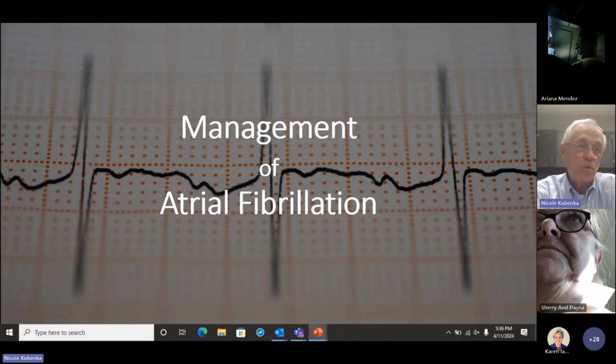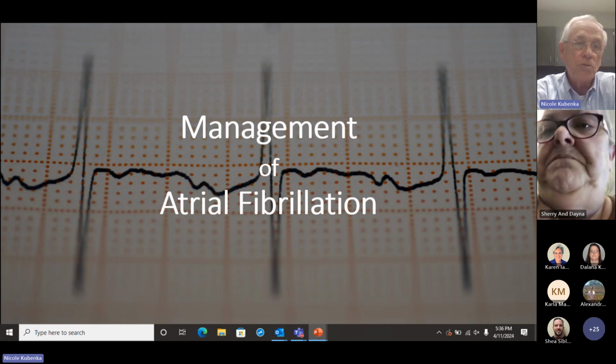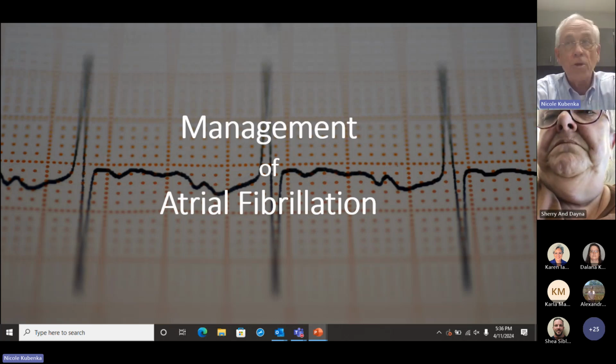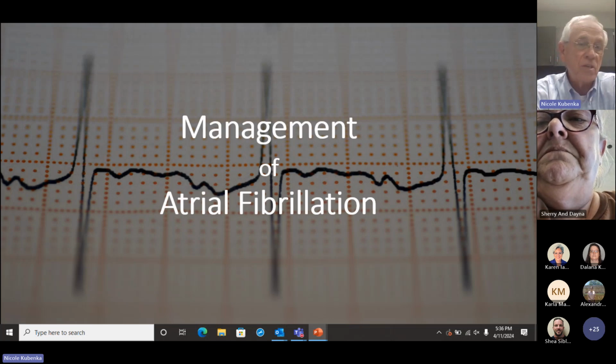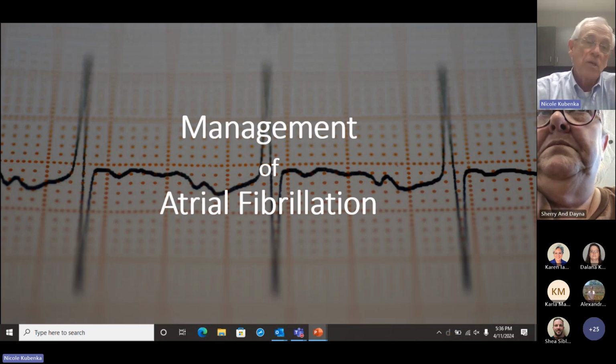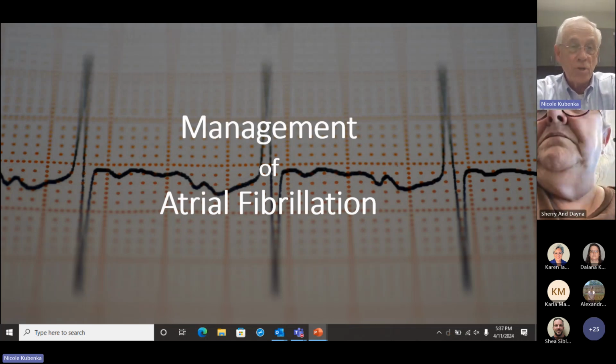Then we'll talk about the various ways to treat it, and at the very end we'll get into the do's and don'ts of how to manage cardioem drips. I wouldn't expect this to be an end-all discussion, but if we get everybody on the same page of what atrial fibrillation is about and what we want to accomplish, then we can work together on putting a plan together to manage these people more simply and adequately without having to put people in the ICU all the time.